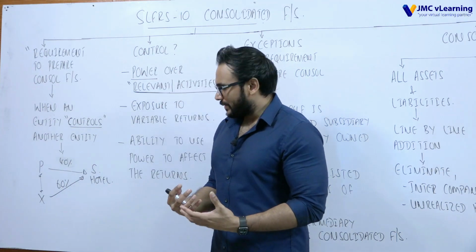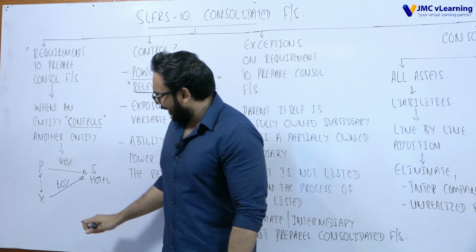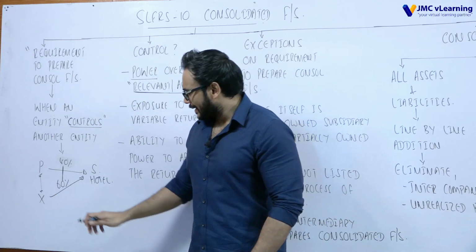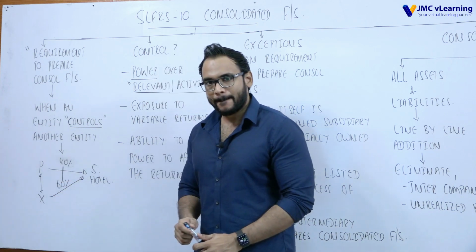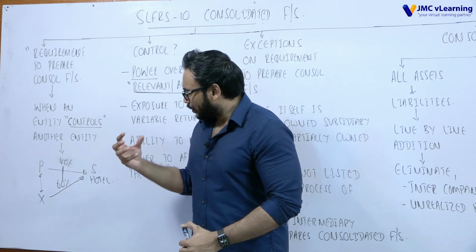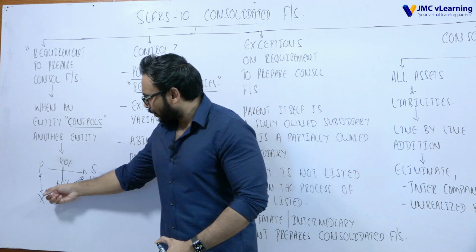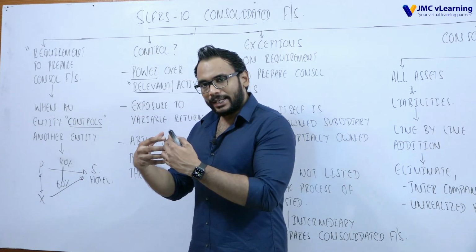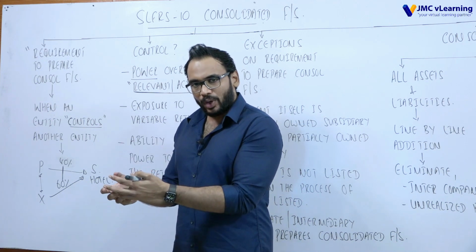Now in that case, you need to see, okay, if you look at the shareholding alone, this guy has majority, but even though he has majority, through an agreement he has agreed with P to say that P can run the business as P wants.